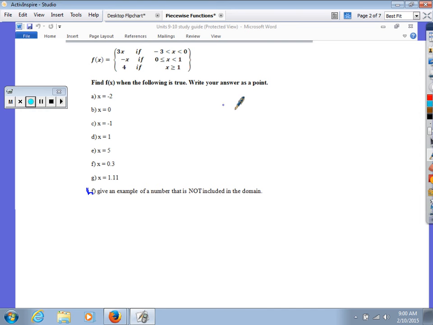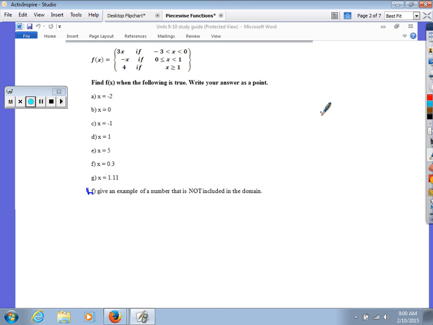Now, if you notice, the direction actually said write your answer as a point. Well, we didn't do that yesterday in class, but how do we write answers as points? What we plug in is our x coordinate. What we get out is our y coordinate, okay? All right, so -2. Where should -2 be plugged into? Which equation?